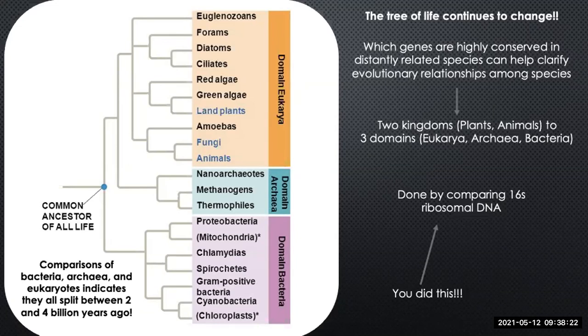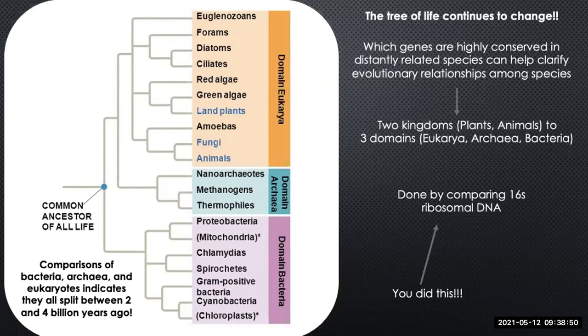And so one thing that we do nowadays is we take that primarily conserved sequence, the 16S ribosomal DNA, which if you're thinking about ribosomes, the 16S is that smaller portion of the ribosome. You remember that there's 2 that come together in order to create your proteins. And so when in lab, we took out DNA, we used PCR in order to amplify the 16S region.